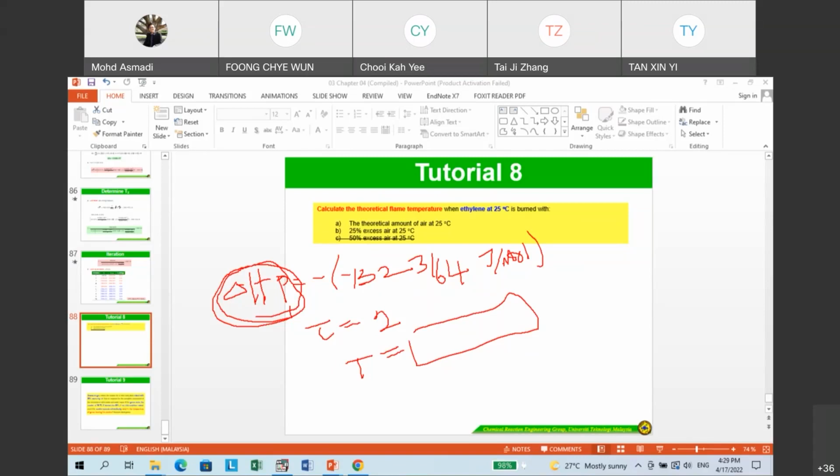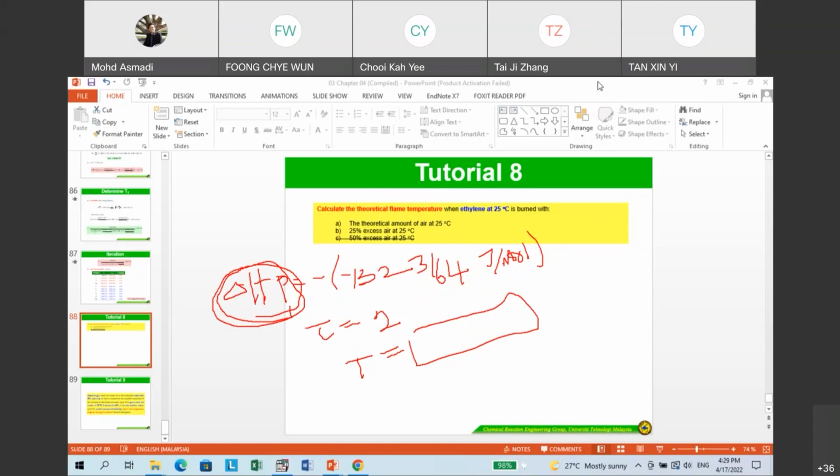Anyone calculate already? Already, anyone?